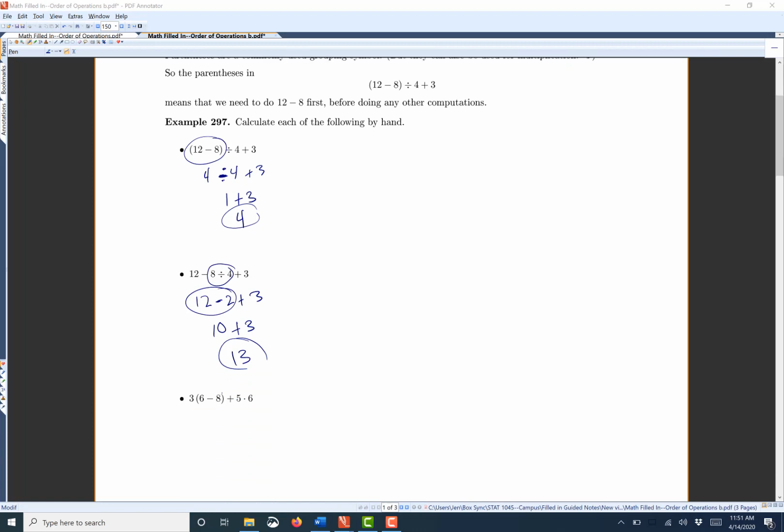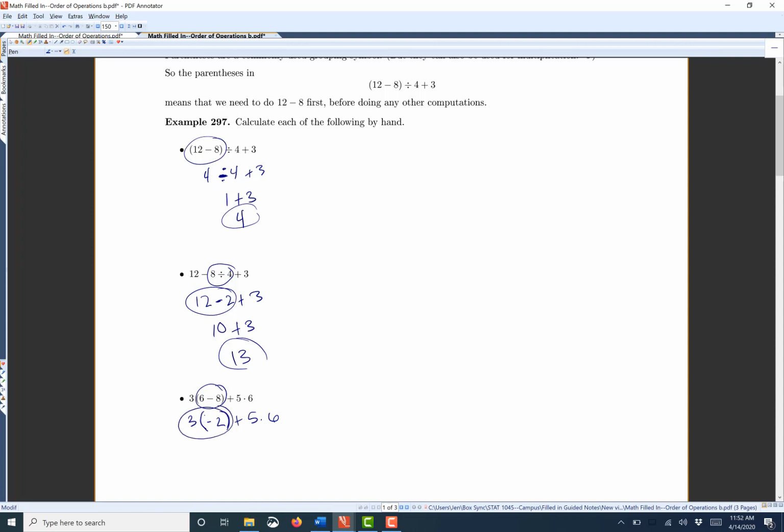In this one I have one set of parentheses, so let's do that. 6 minus 8 is negative 2. So 3 times negative 2 plus 5 times 6. So again, now that I've done everything inside the parentheses, it just becomes a multiplication. So multiplication, addition, multiplication. Do it left to right.